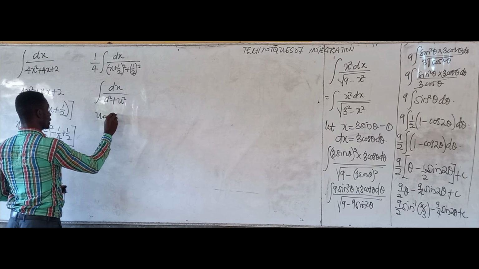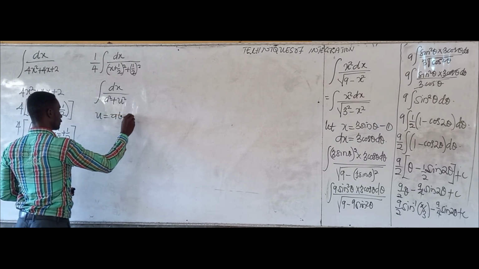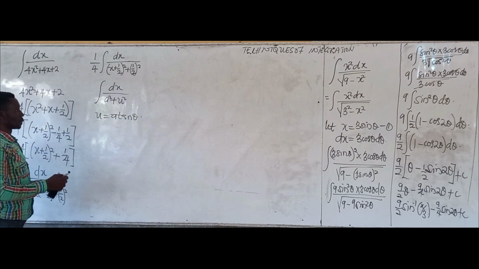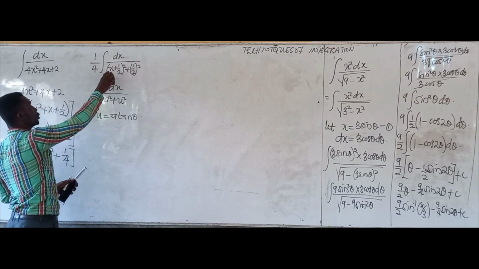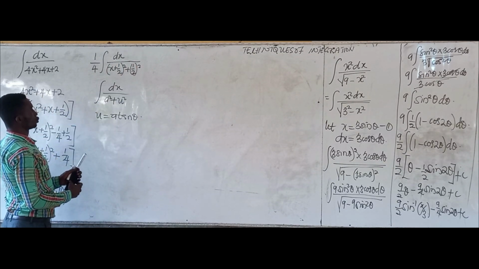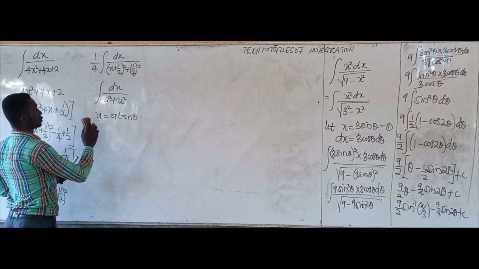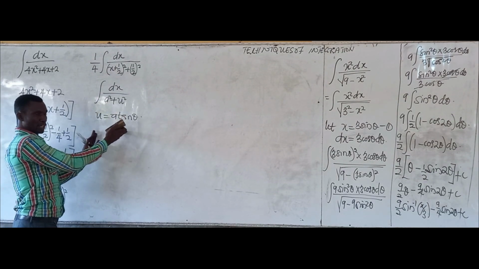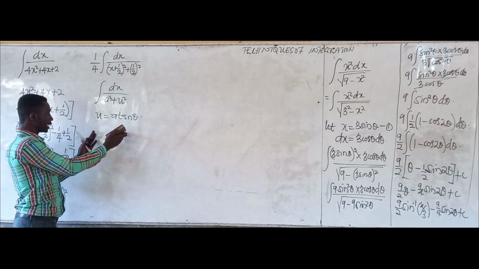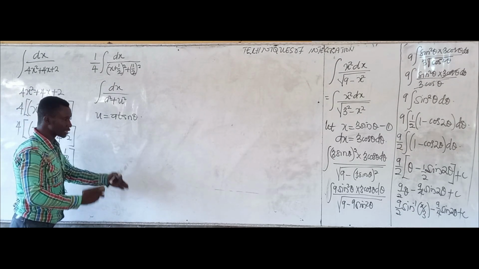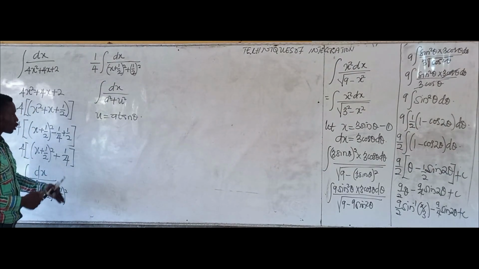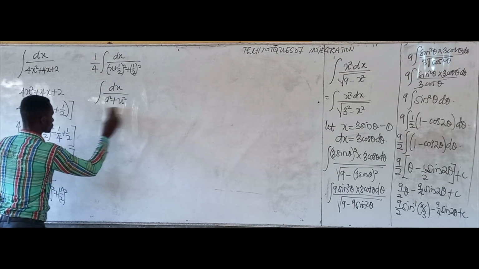You see that? So our a is half, our u is x plus half. This is the type of technique I was explaining the very first time I started the introduction into different techniques of solving integration.